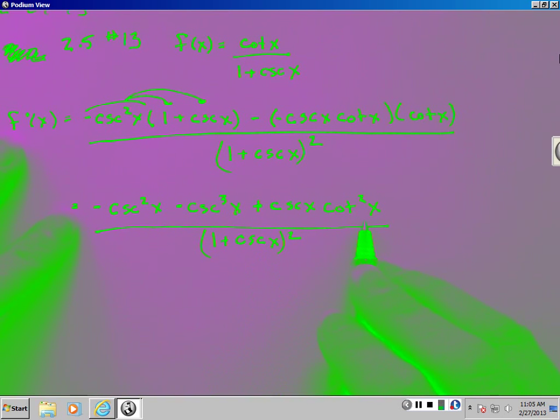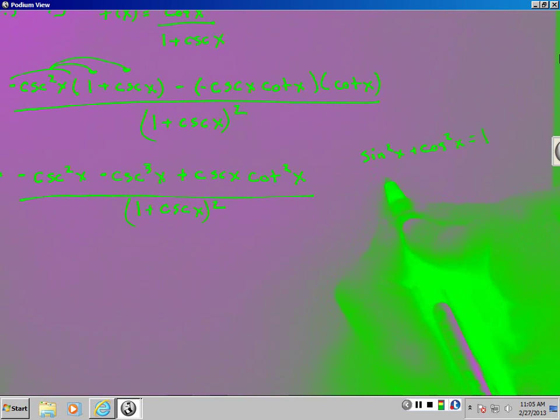This answer would be okay for a test unless it says fully simplified. If you recall, sine squared x plus cosine squared x equals 1. If I divide this through by sine squared, I have 1 plus cotangent squared x equals cosecant squared x.